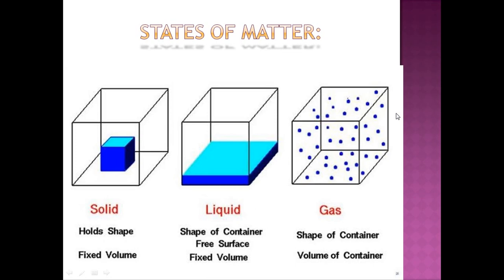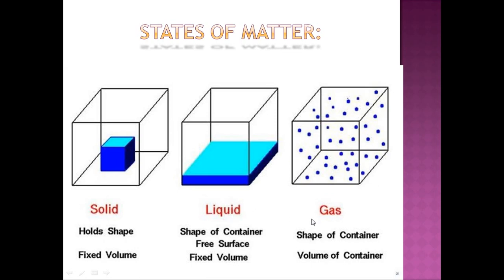If I have here the air, for example, the air around you takes the shape of your room, takes the shape of an empty cup, takes the shape of the balloon, and so on. So the shape of gases changes because, like the liquid, they take the shape of the container.